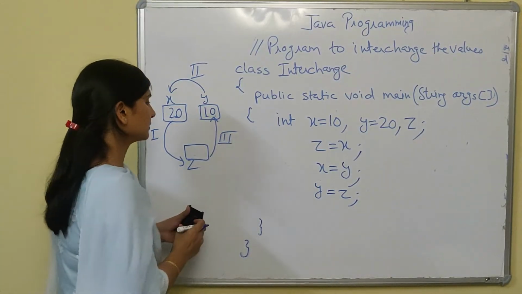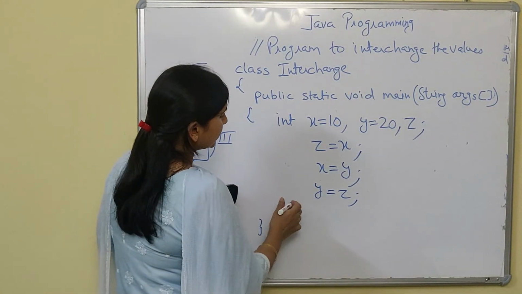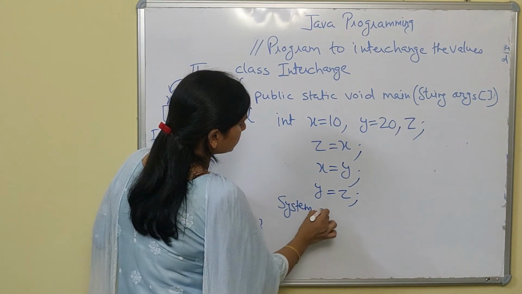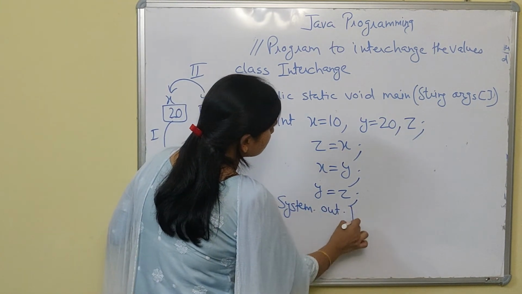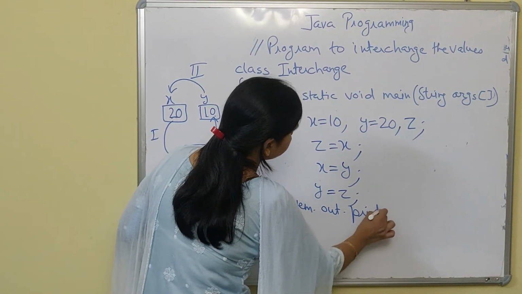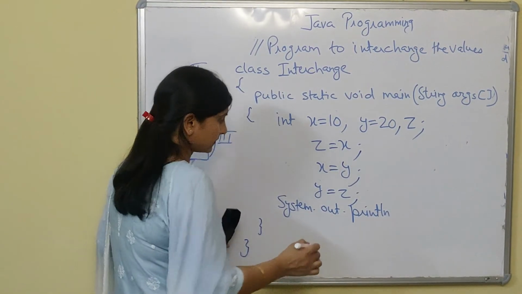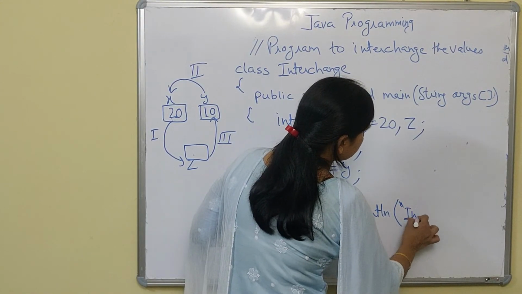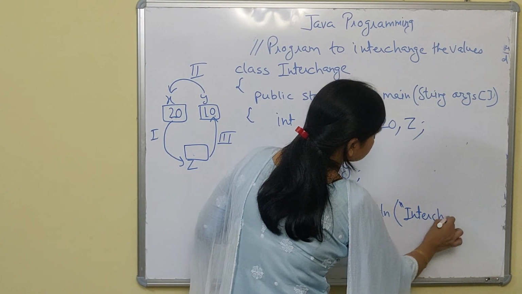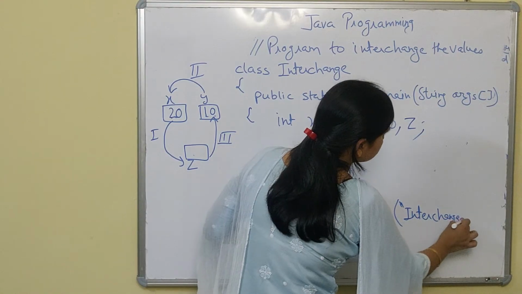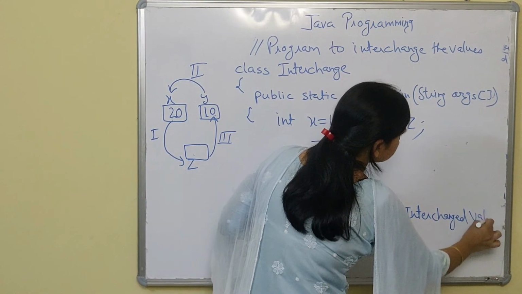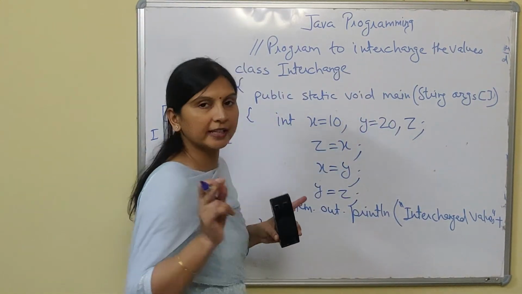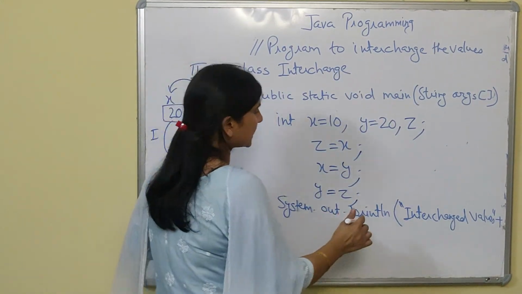Fine. Now, after interchanging, we will display: system dot out dot println, interchanged values within double quotes, plus sign.